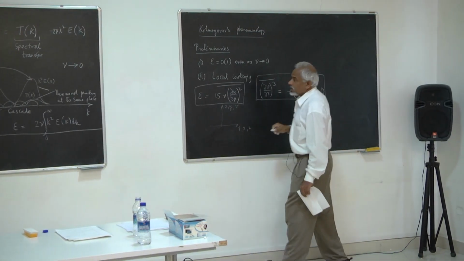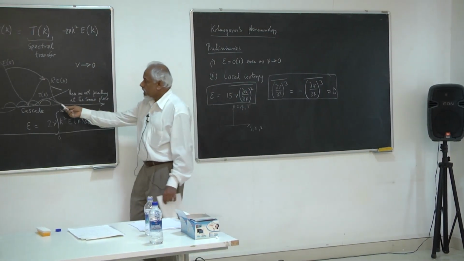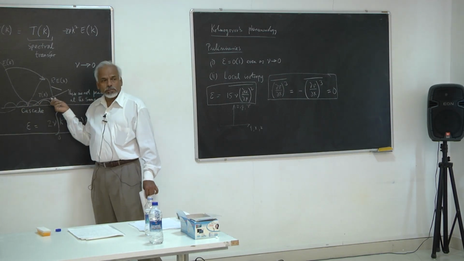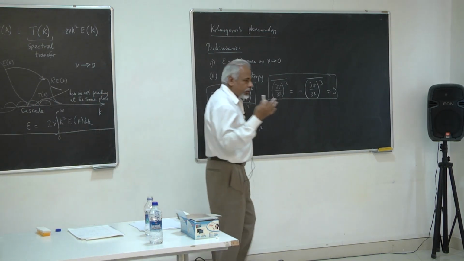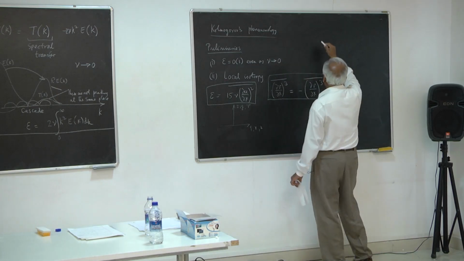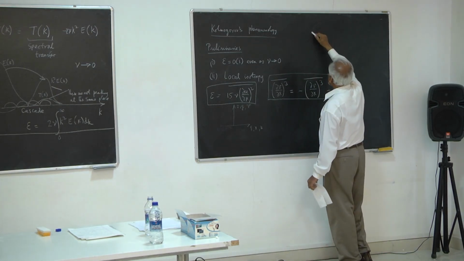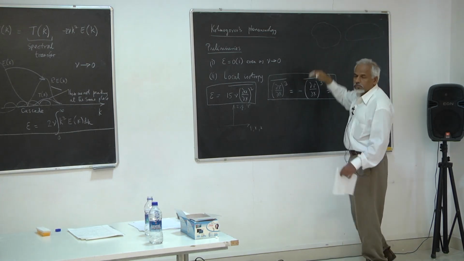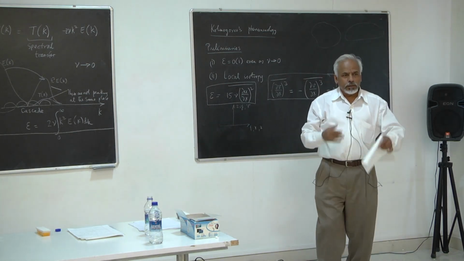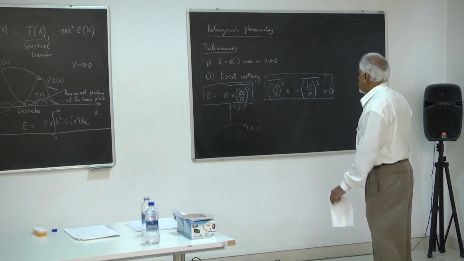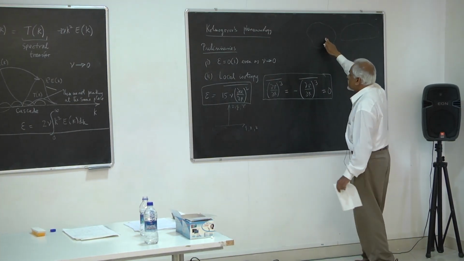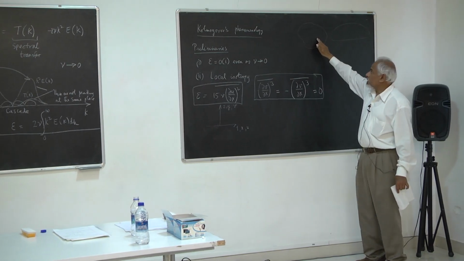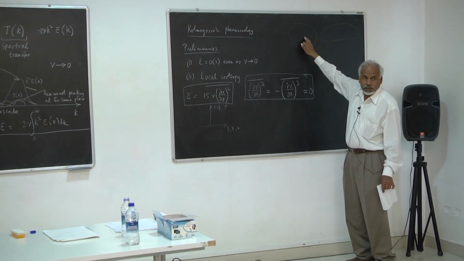So this kind of cascade process, which I have described in the spectral space, is thought to be following in the real space. In real space, I have these big eddies like that, which I created in some fashion, and these eddies become unstable because the Reynolds numbers are very high.